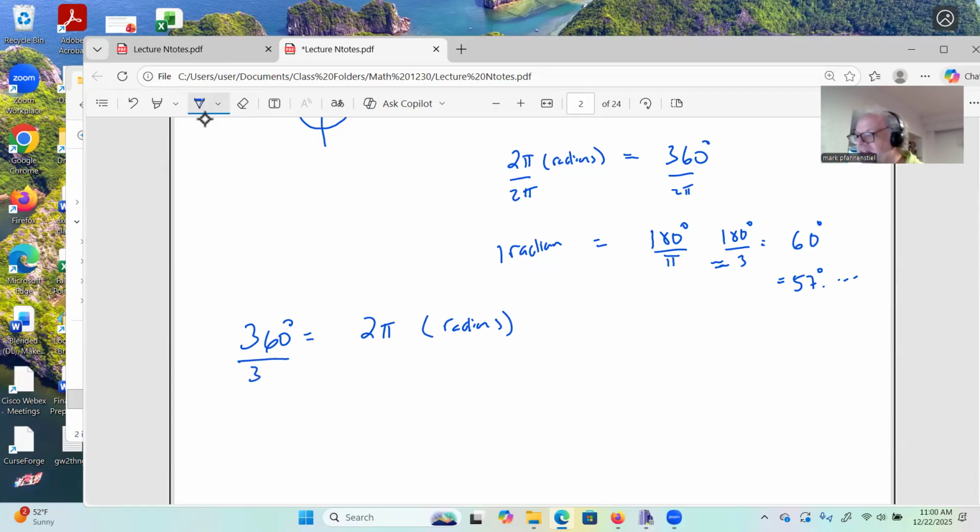We'll divide both sides by 360, and we'll say that 1 degree, notice every time I use a degree I put the little degree symbol because it needs that unit, otherwise people won't know, is going to be pi over 180 radians. So 1 degree is equal to pi over 180.